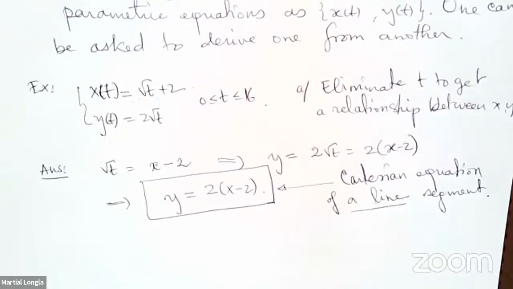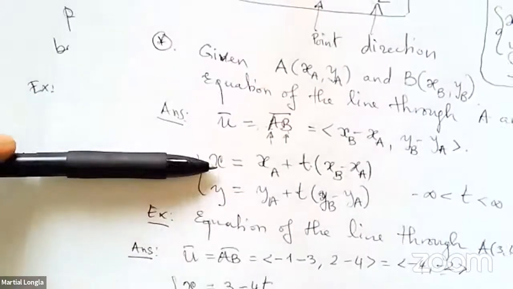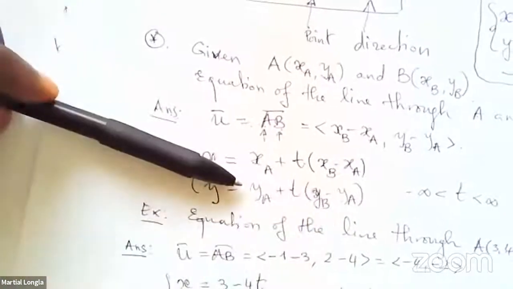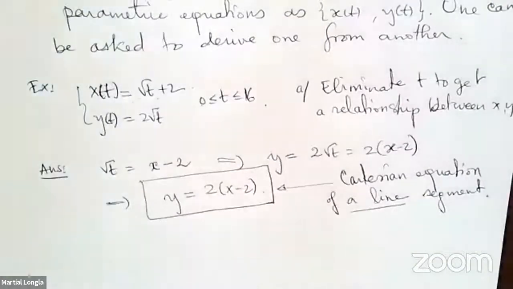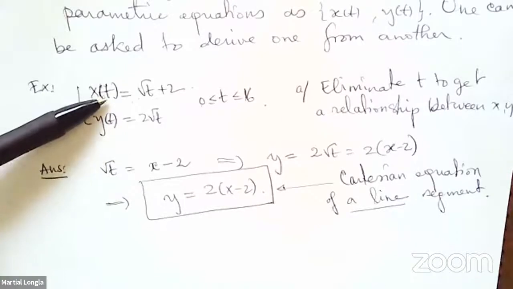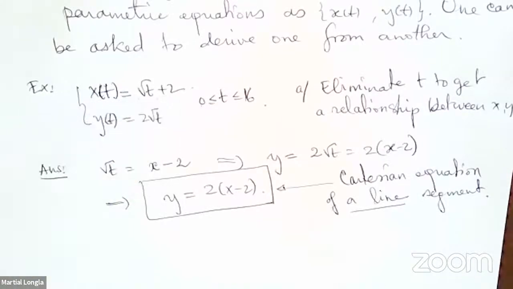To emphasize that depending on the parameter that you choose, the equation of a line might not be what I gave you here. It's a choice of parameter that gave this answer. For a different choice of parameter, for example, in this problem, x of t is root t plus 2, y of t is 2 root t. It's also that same line segment.